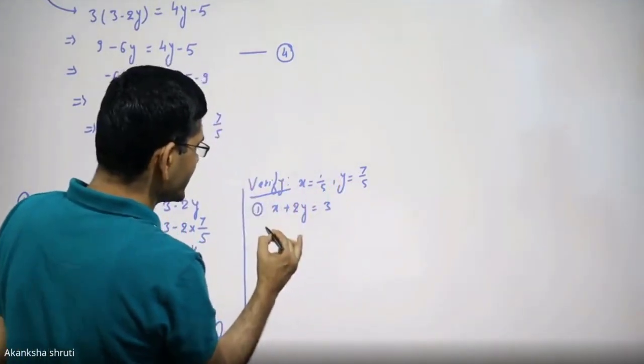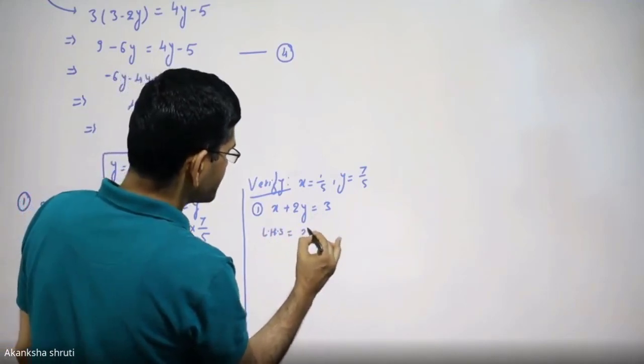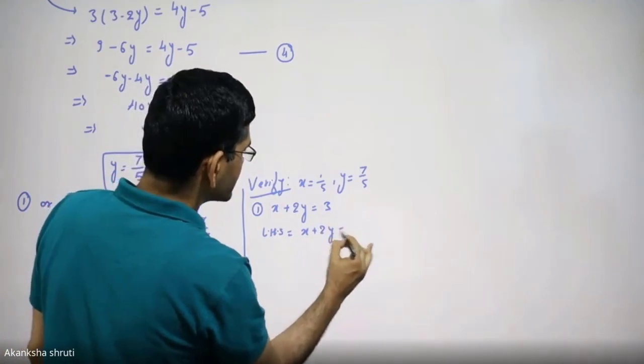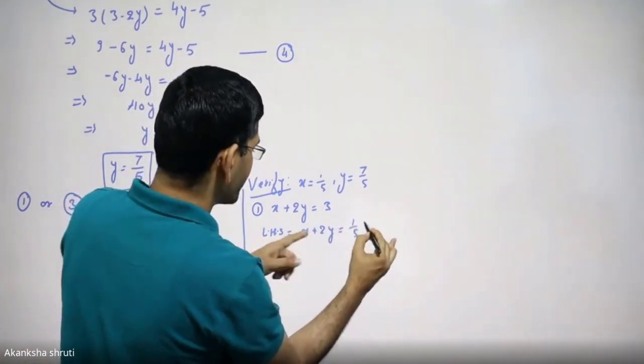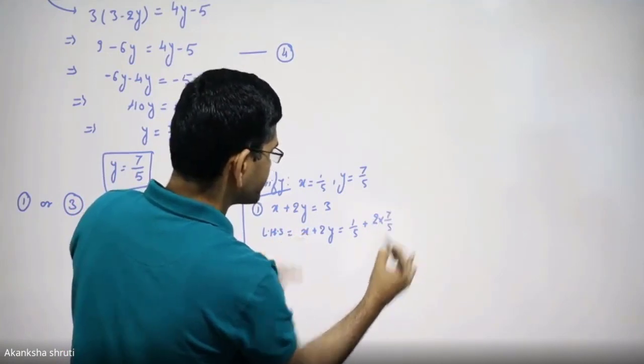So substitute in LHS. Our LHS is x plus 2y. Substitute 1 by 5 plus 2 into 7 by 5.